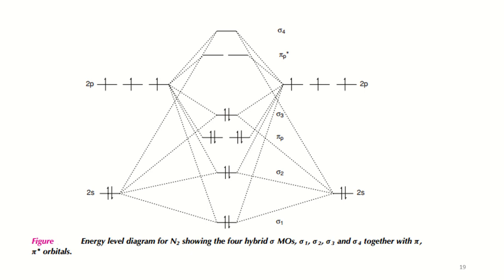This does not affect the bond order of nitrogen N2, which is 3. It means there is a triple bond in the N2 molecule. The bond energy of nitrogen is 942 kilojoule per mole, and the bond length is 109 angstrom.